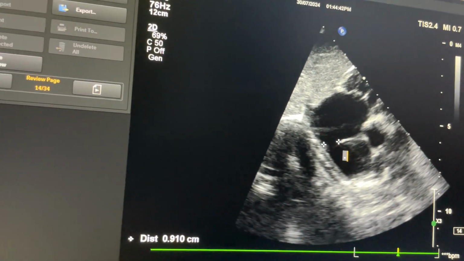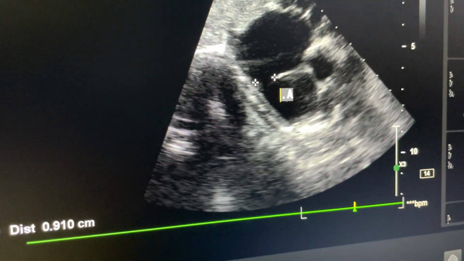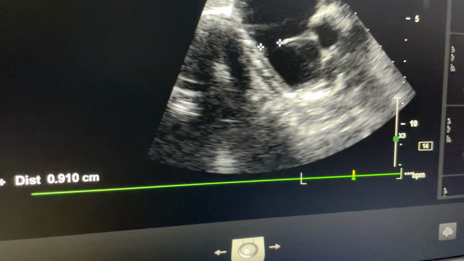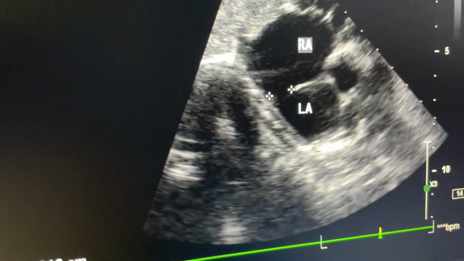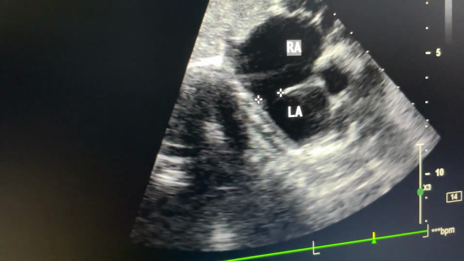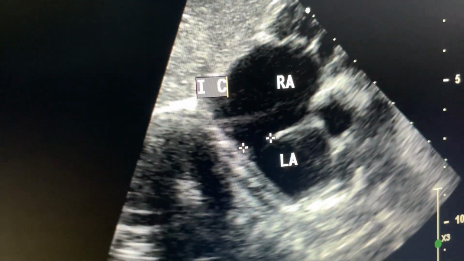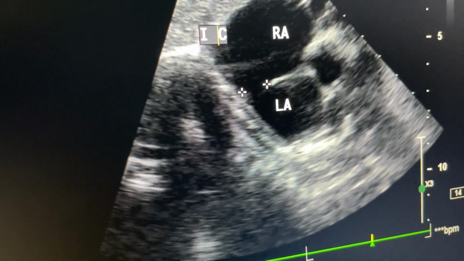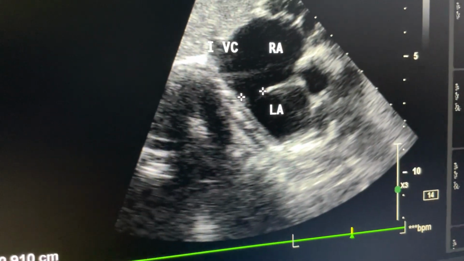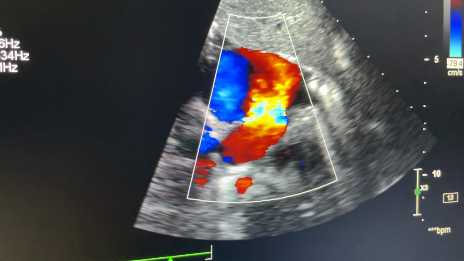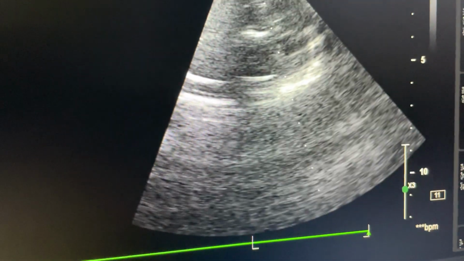This is left atrium, and this is right atrium. This is ASD. This is IVC. This is the ASD flow again. Thank you.